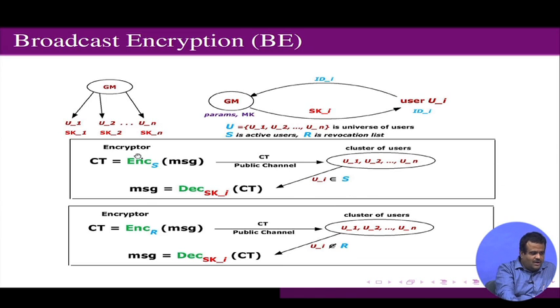Or we can use the set of revoked user list R and generate the ciphertext using it. We broadcast the ciphertext over the public channel, and only the users who are not revoked should be able to decrypt it using their own secret key. So, this is the broadcast encryption.